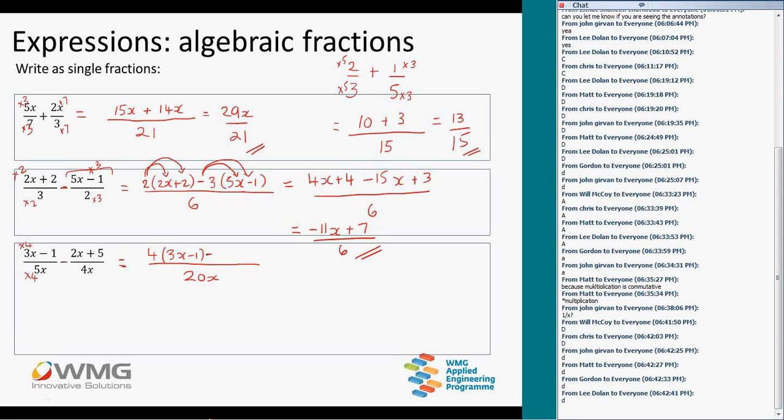So that's 5 times x plus 5, as a bracket. Multiplying out just like we learned with brackets: 4 times x is 4x, 4 times minus 4 is minus 16, minus 5 times x is minus 5x, minus 5 times plus 5 is minus 25, all over 20x. Collecting terms, 4x minus 5x is minus x, and minus 16 minus 25 is minus 41.